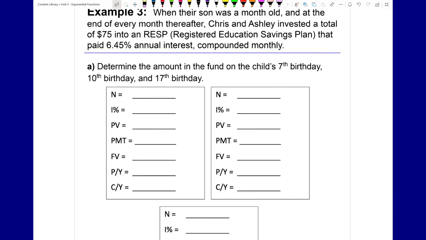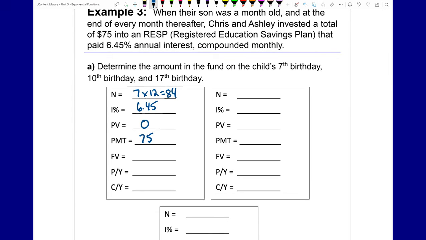So on the 7th birthday, because it's compounded monthly, it's 7 times 12, or 84. The percent is going to be 6.45. The present value is 0, because we started with nothing in there initially. The payment was $75.